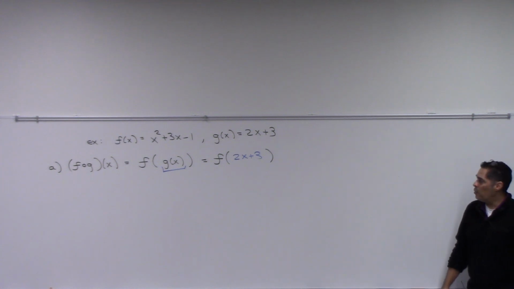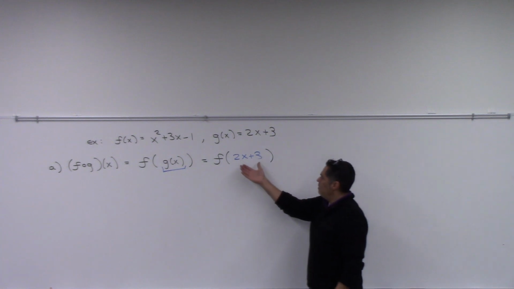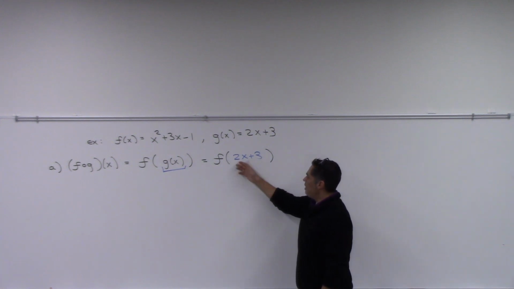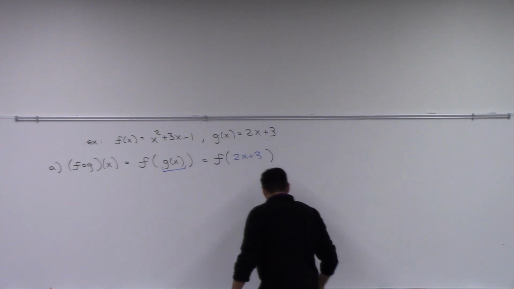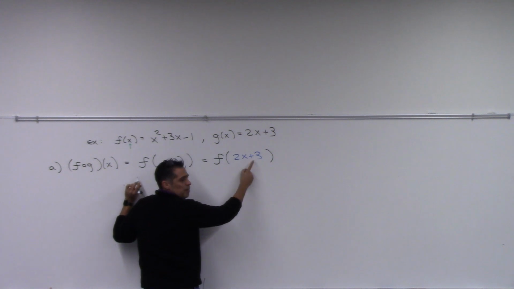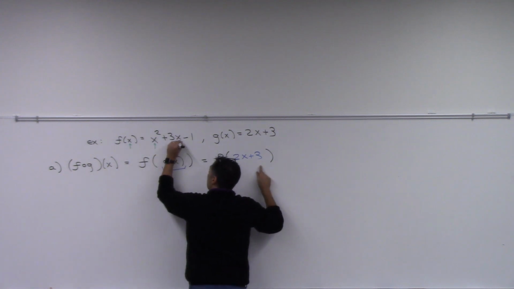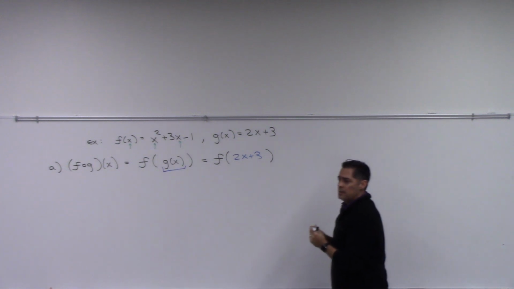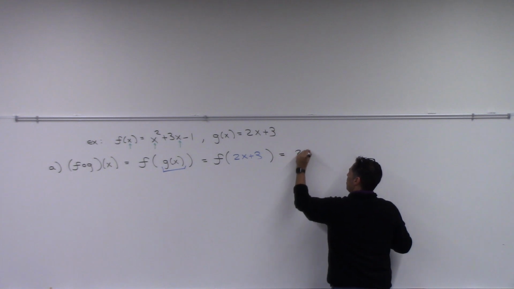And now the very important part. What happens when you plug in 2x plus 3 into f? It goes into this function, and everywhere you see an x, you need to replace it with 2x plus 3. So that needs to become a 2x plus 3, and that needs to become a 2x plus 3. So I'm going to write this down. 2x plus 3, what?